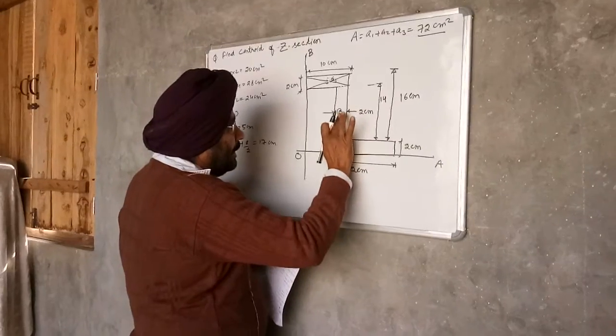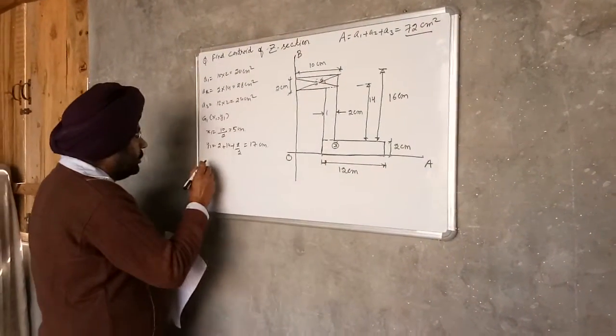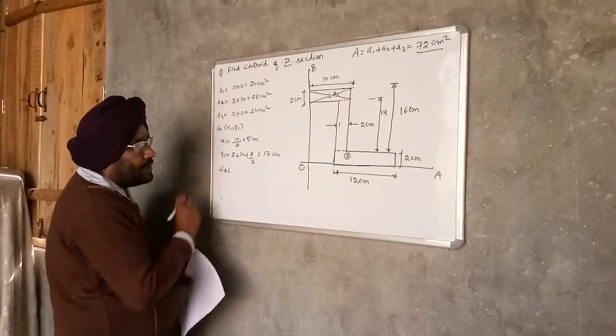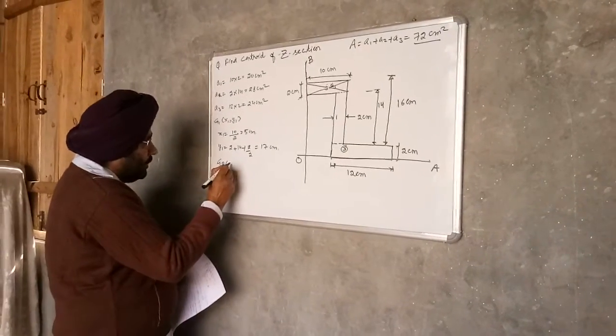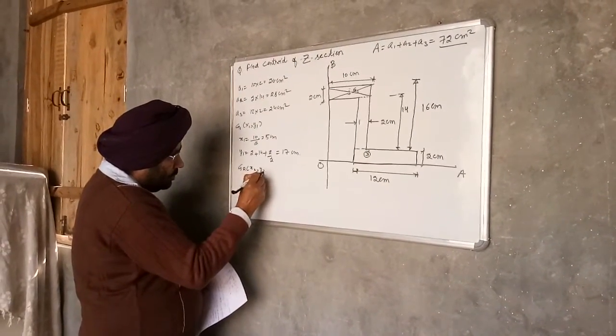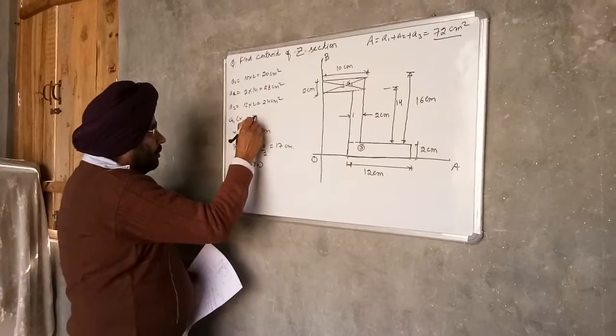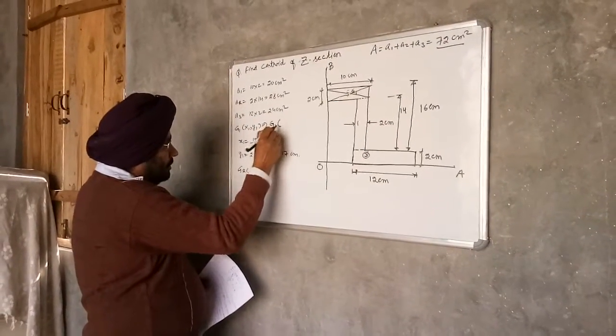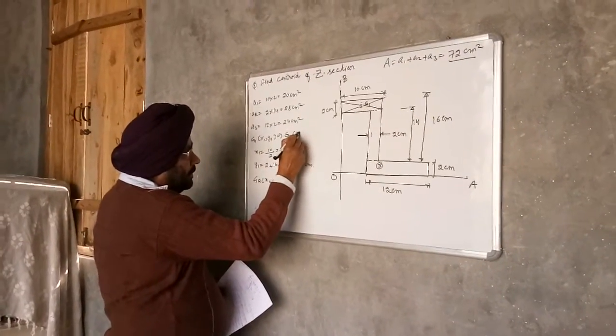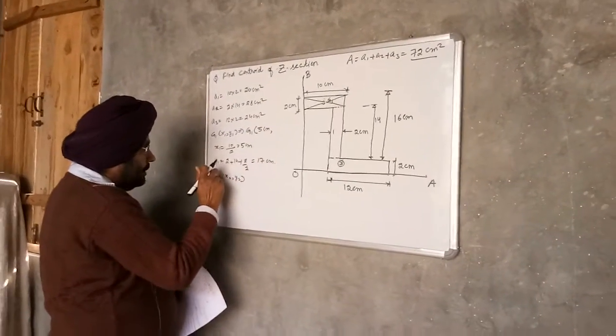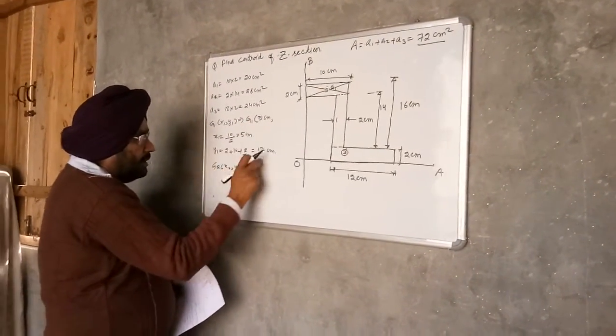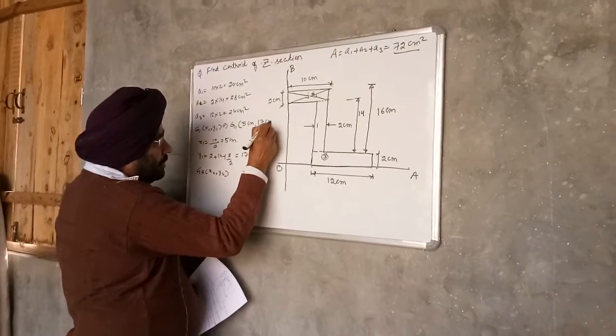So then second figure. So its coordinates, G2. Let G2 is the CG of the second part. So x2, y2. So x1, y1, G1: x1 5 centimeter, y1 17 centimeter.